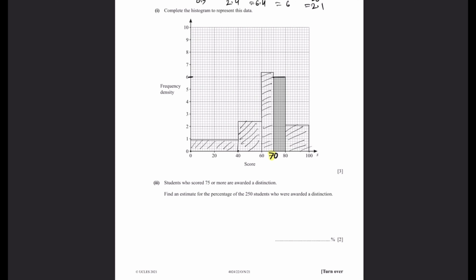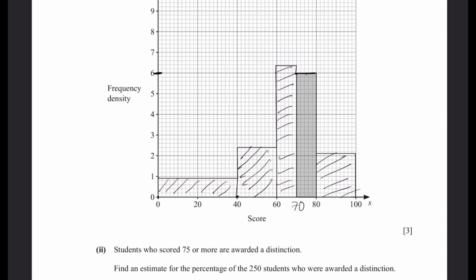Question 2. Students who scored 70 or more are awarded a distinction. Find an estimate for the percentage of the 250 students who were awarded a distinction. Let us find the area of this bar and then the area of this one.